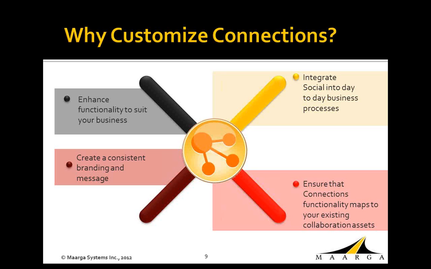And the fourth area where we see a need to customize Connections is to map out Connections functionality to existing collaboration assets. So if in the organization something is called differently or doesn't exactly map out, say activities are called tasks, or the way it should flow needs to be different, they want to make it work the way the users are really working in the organization.